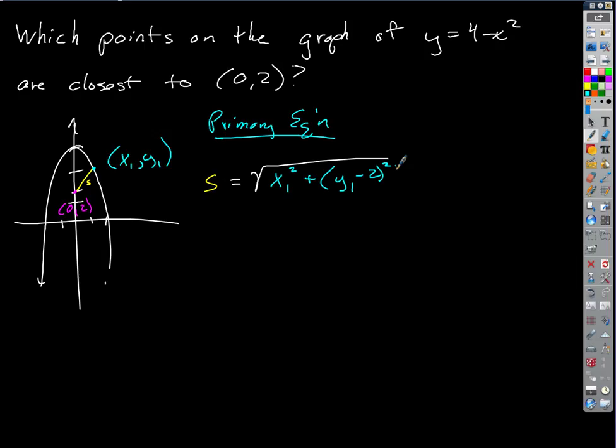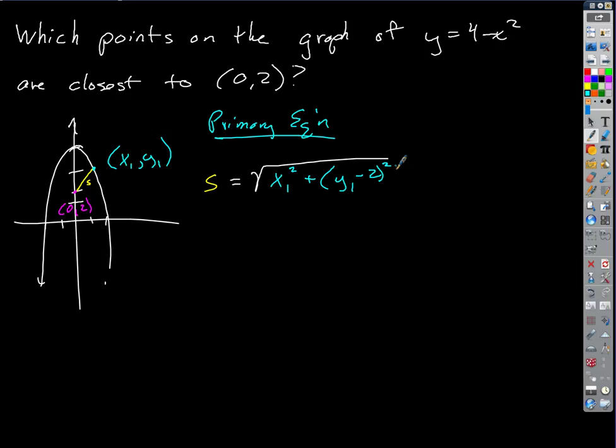Okay, now let's think about this logically here. Are we trying to find the distance? No, we're trying to find the coordinates that minimize distance, right? So we're not technically even trying to find distance. Could we come up with a different function that's easier that would have a minimum at the same place? Well, we're going to have to take a derivative, but that's going to be an ugly derivative. Do we need the square root in there?